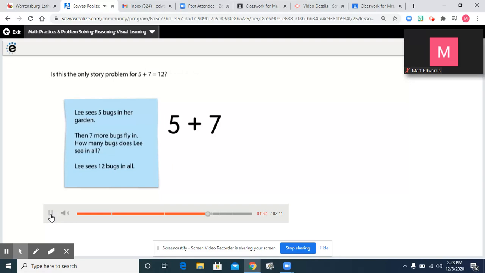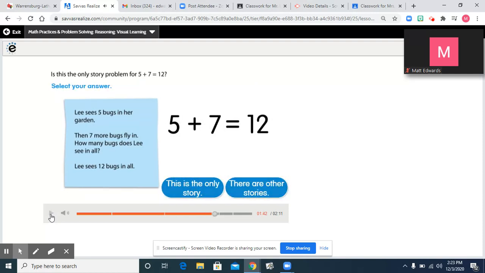Is this the only story problem for 5 plus 7 equals 12? Select your answer. Now, is this the only story problem you can write for 5 plus 7 equals 12? Or is it not? So your choices are this is the only story or there are other stories. Really, you can make up any story that you want for this. So there are other stories.